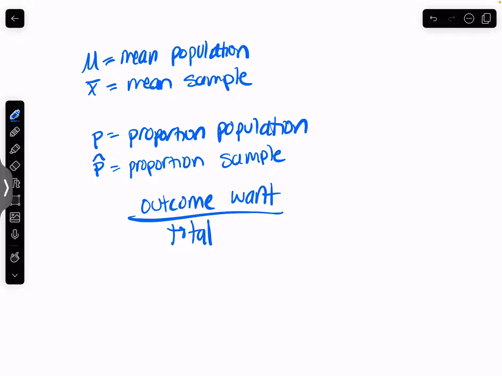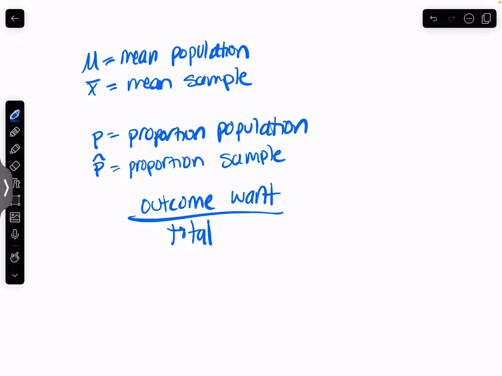So when we take a sample, what we want to be able to do is find the mean for the population from the sample. You want to know how close the mean of the sample is to the mean of the population.